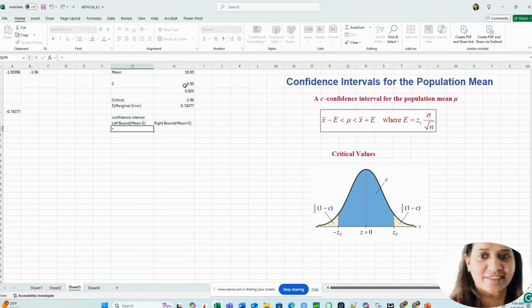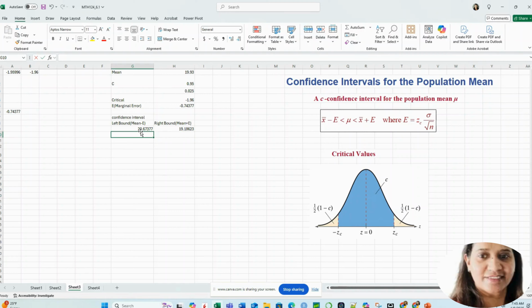Then I will formulate with the equal sign. Mean minus E: mean is first, click 19.93, minus, and type from the keyboard this value, just enter it. Same way, equal sign, click the mean plus the marginal error, then just enter it. You will see that we found the left and right one. This is our confidence interval. If you want, you can round this to two decimals.